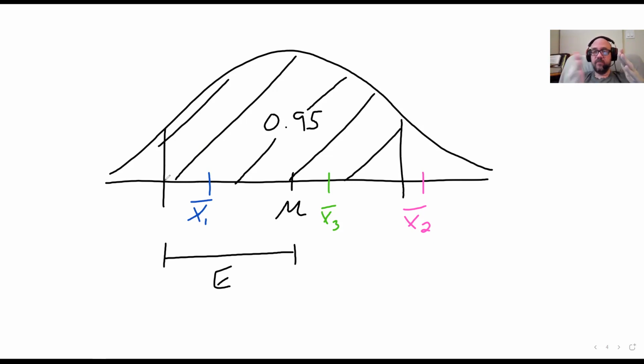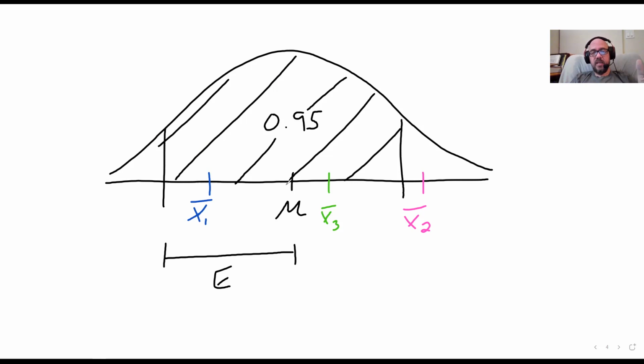Now, that's different for t-distributions. If you watch the t-distribution video, you saw that it's not just 1.96 on either side. It depends on the degrees of freedom, so it depends on what n is. We're going to have to find these all individually.